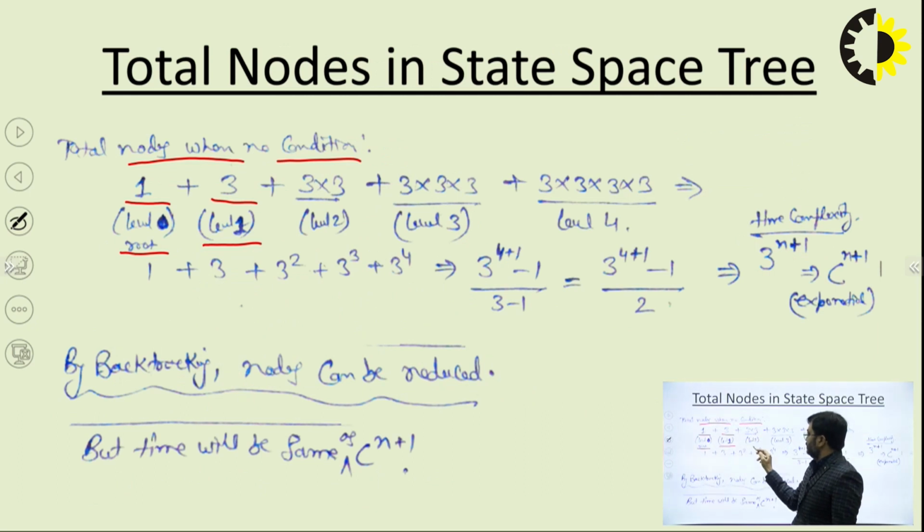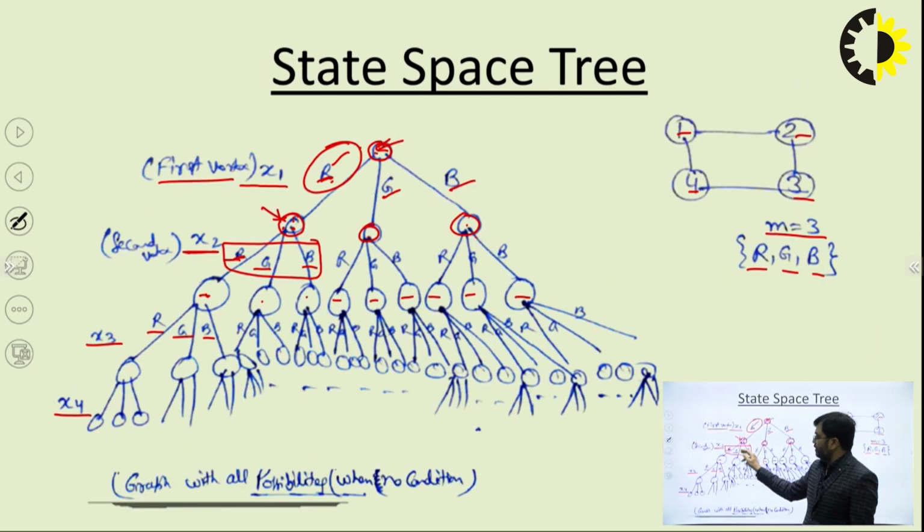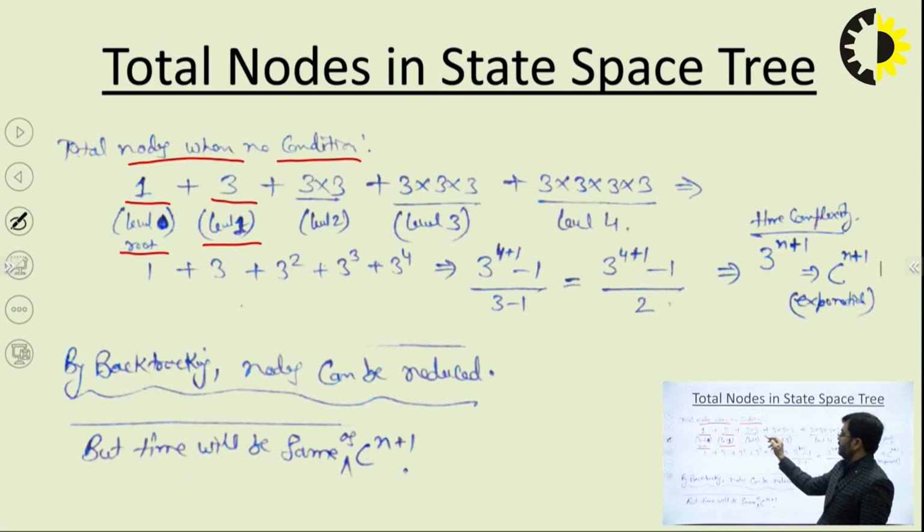After that, when we take the decision for vertex number 2, we have 9 nodes. 9 nodes means 3 from each node, and we had 3 nodes before, and for each of them we again had 3 options.